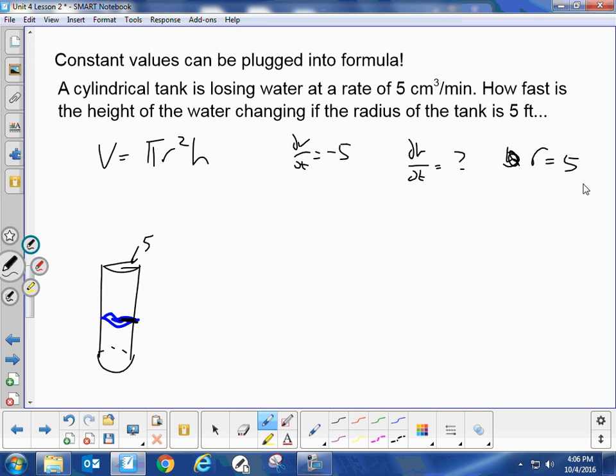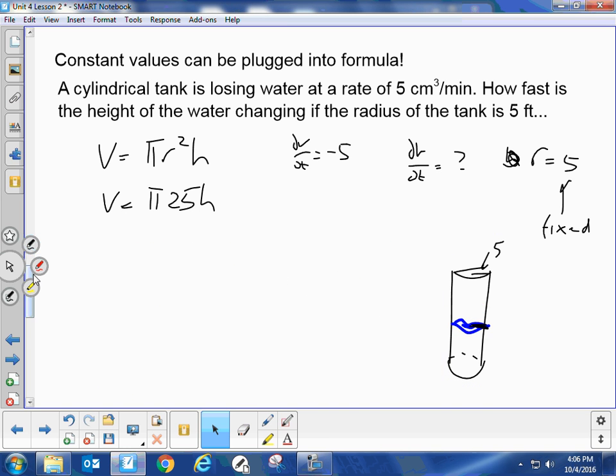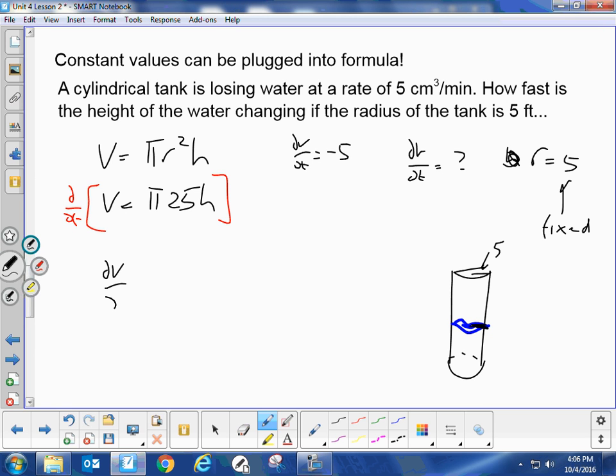Since this is what we call a fixed value or a constant value, we can go ahead and just plug that into our formula, making a very simplified formula for the volume of the water in this specific tank. And you could take the derivative of this simplified formula to be able to solve your question. This would just be 25 pi dh/dt.